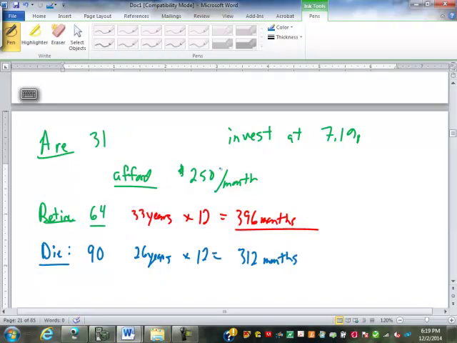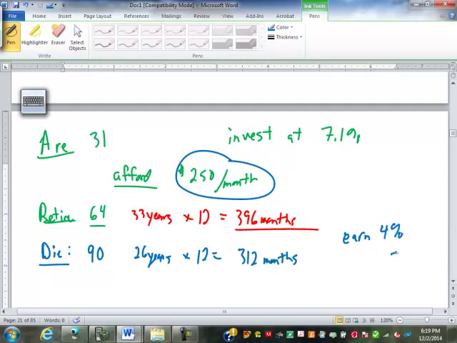So the question is, this $250 a month, and if you can earn, let's say you plan to earn 4%, we'll keep it simple, during retirement, let's figure out how much you will get every month in your retirement.